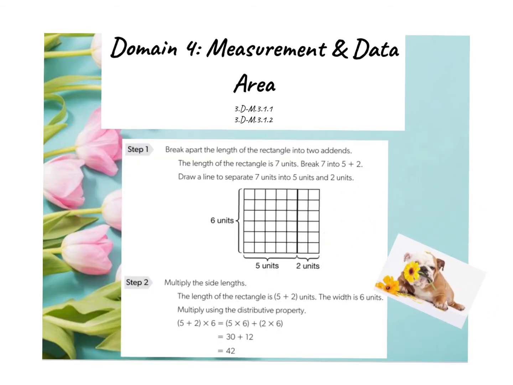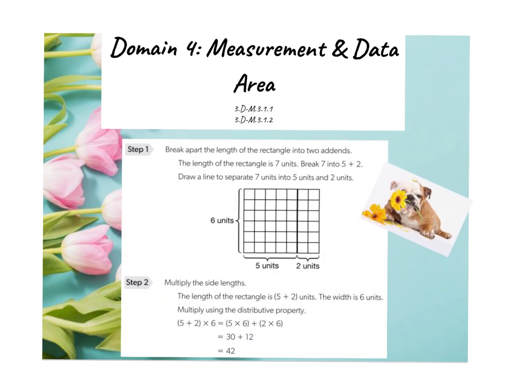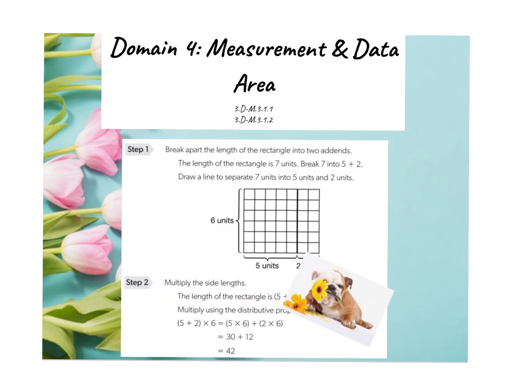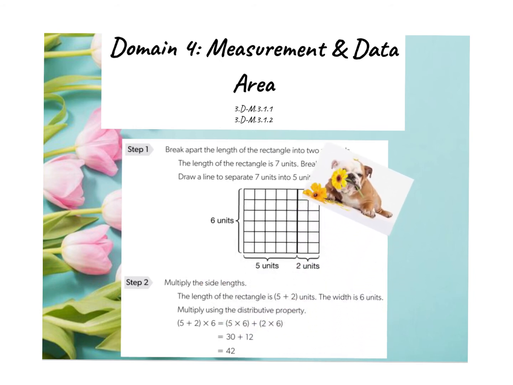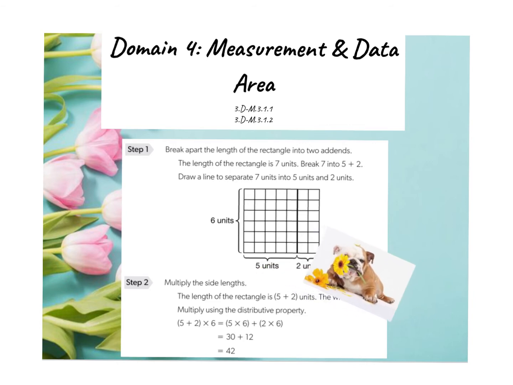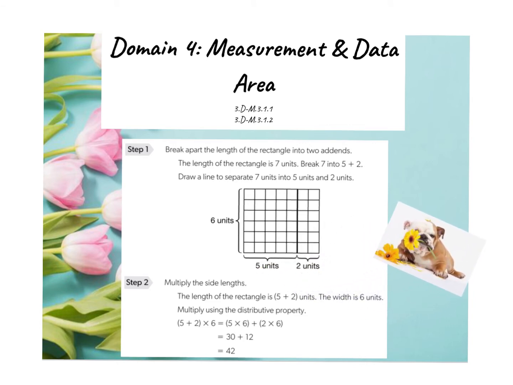Another way we practiced yesterday was with the distributive property. Instead of doing 6 times 7, we can break that 7 off into 5 and 2. We're still doing 7 because 5 and 2 is 7, right? We're breaking this apart right down here, and we have 5 here and 2 here.